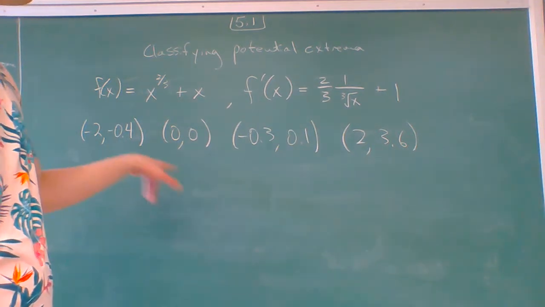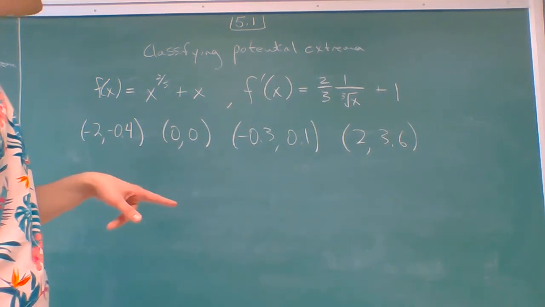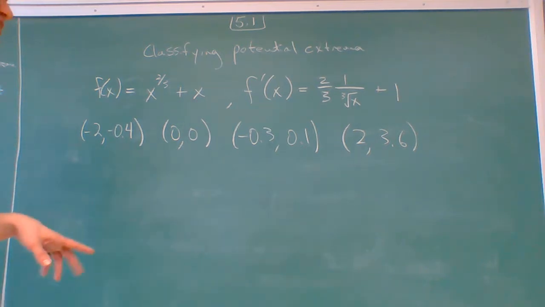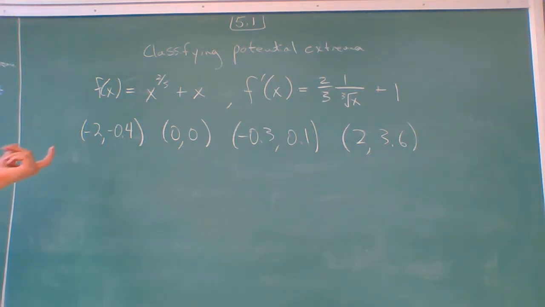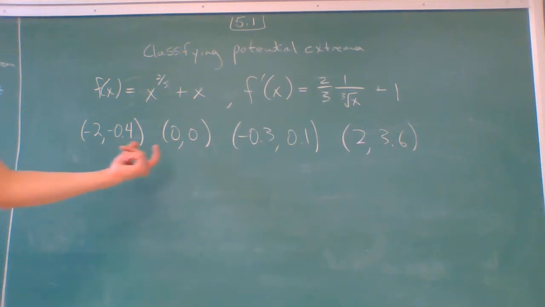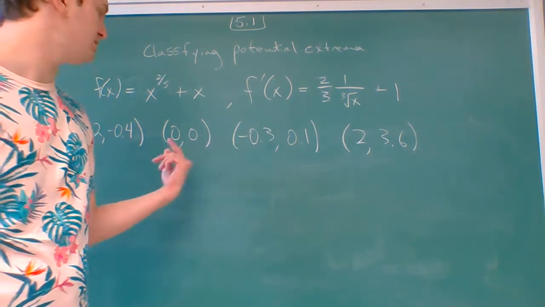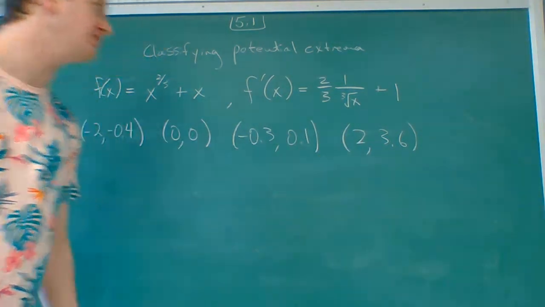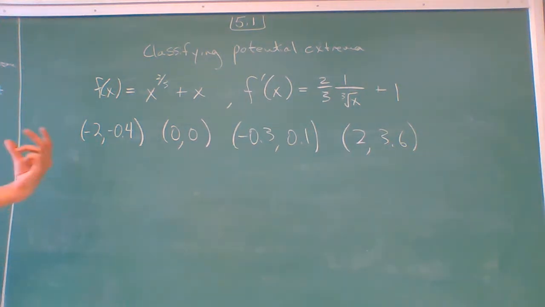Okay, so we've got these 4 points to check. What we want to do is check points around each one of these x values at -2, 0, -0.3, and 2, and see what the sign of the derivative is on either side of these points.